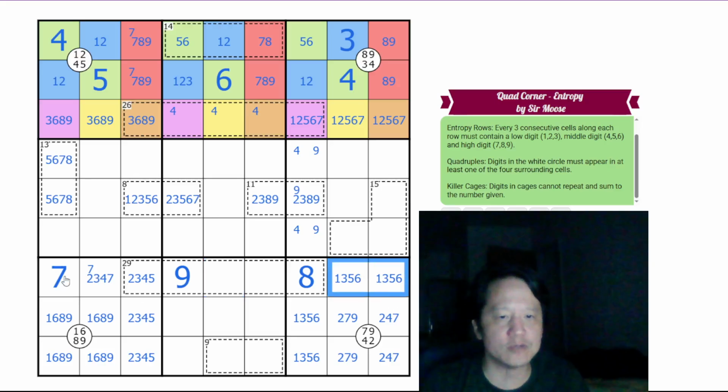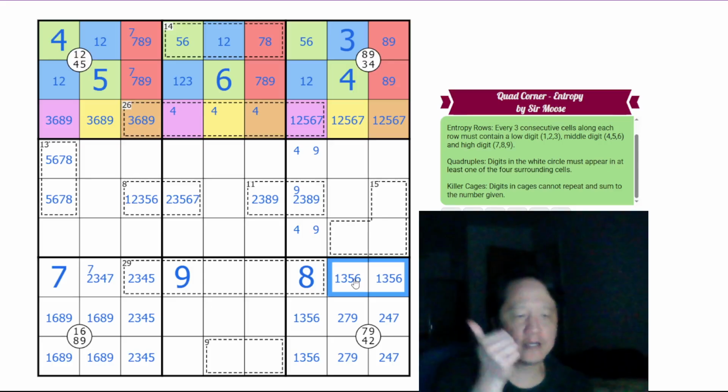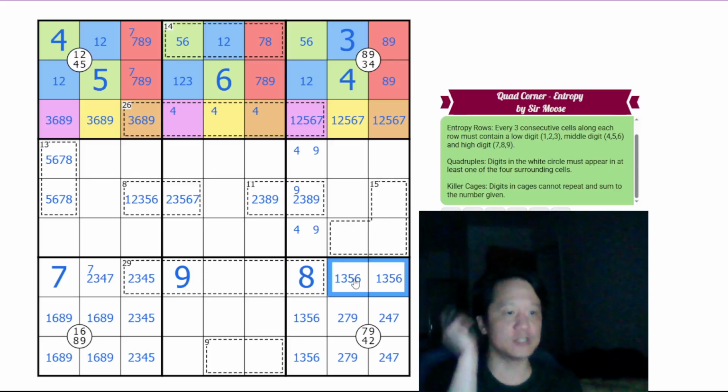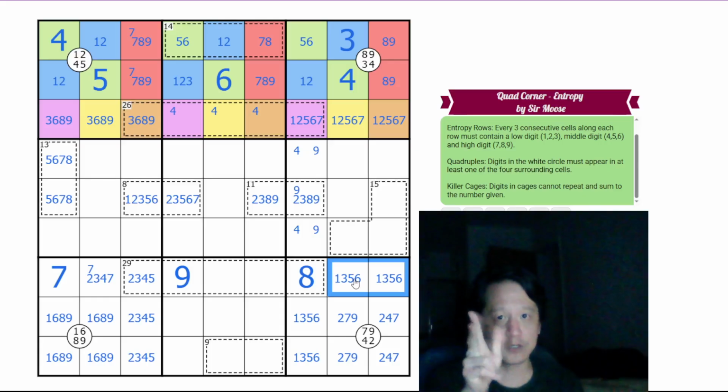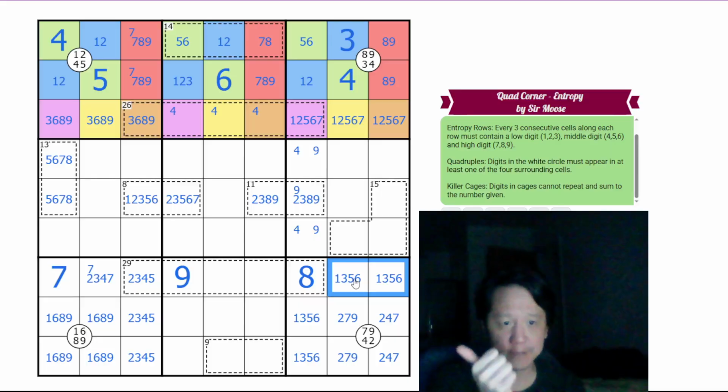So these 3 cells must add up to 9 again. And one of them has to be low, one of them must be medium. Anytime you add up to 9, another single digit with 3 unique digits, you're guaranteed that 2 of the digits have to be from 1 through 3.